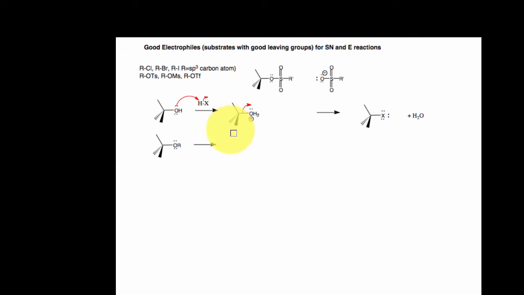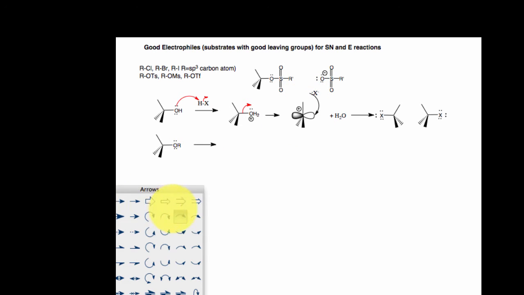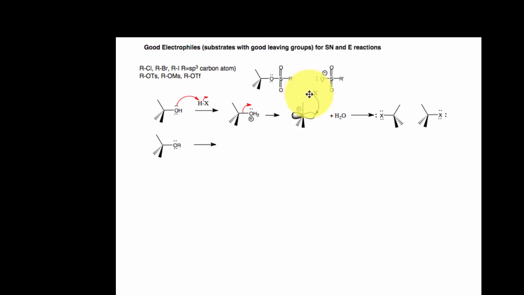If this occurs through an SN2 reaction, that is, if the substrate is unhindered, then we would get our inversion product along with our water leaving group. On the other hand, this could also occur through an SN1 pathway, in which we went through a carbocation intermediate with the leaving group of water, and the nucleophile could approach the p orbital from either side in order to form a racemic mixture of alkyl halide products.